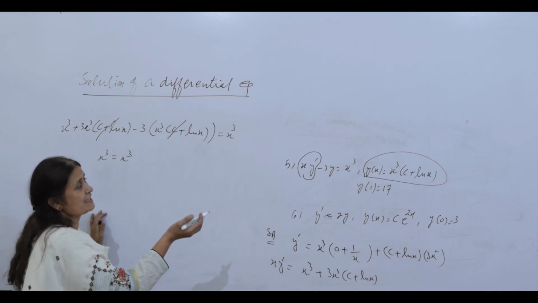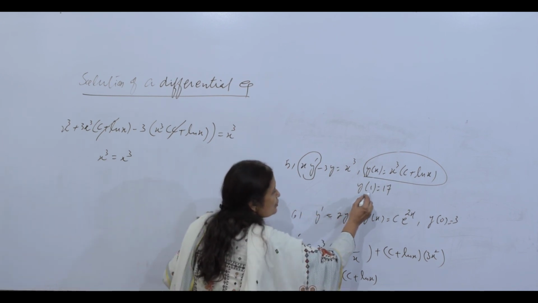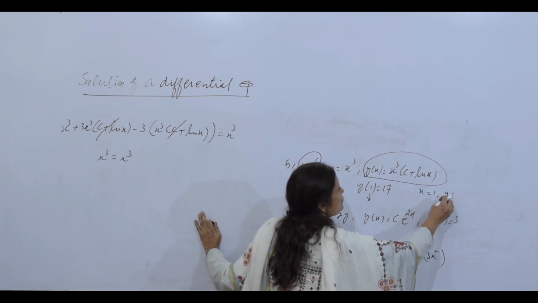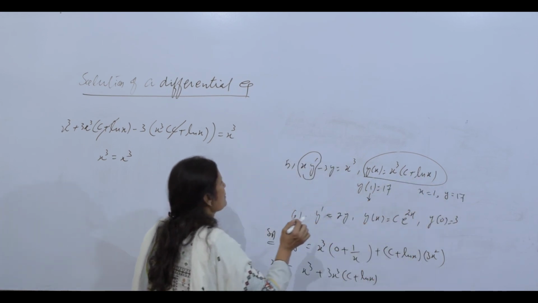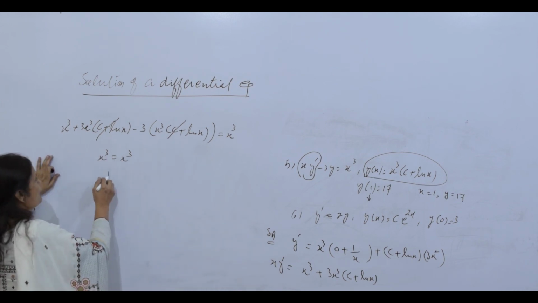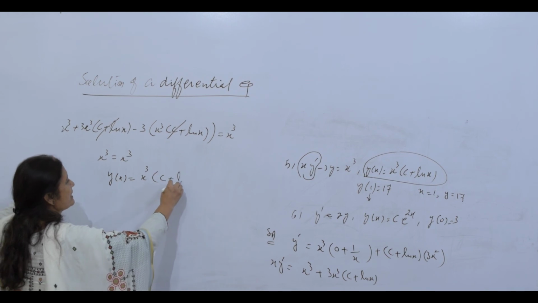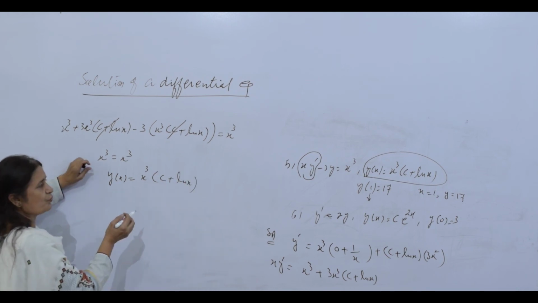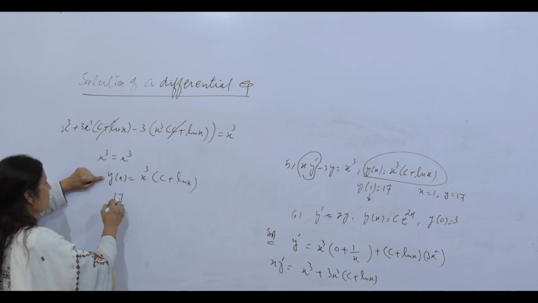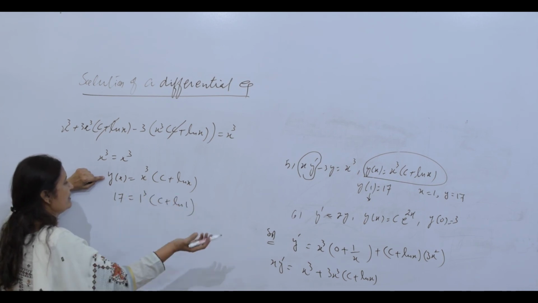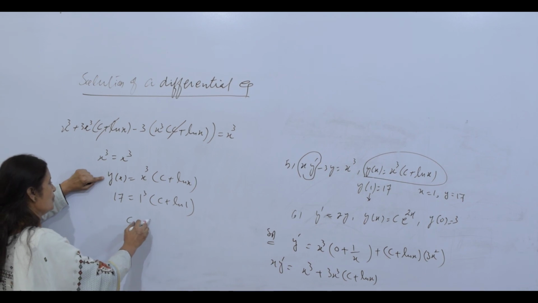To determine C now: x is equal to 1 and y is equal to 17. Putting in the solution, y of x is x cube (c plus ln x), putting x is equal to 1, y is equal to 17: 1 cube (c plus ln 1). ln 1 is 0, so c is equal to 17.